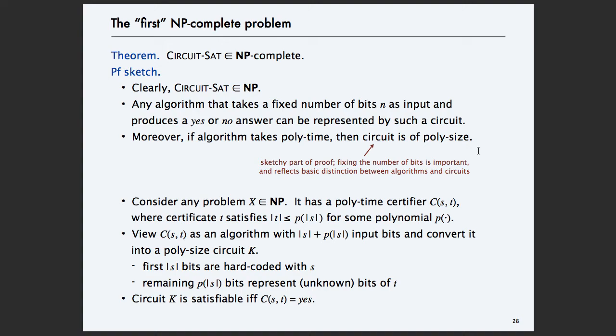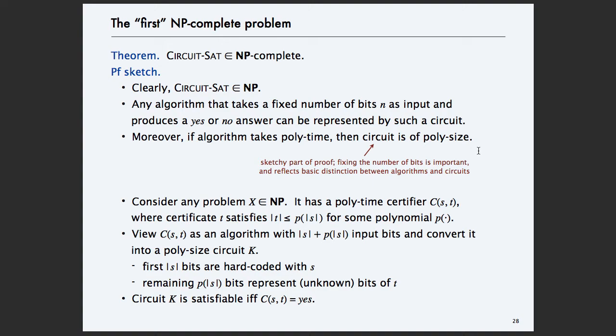And given that we know that if the number of bits is polynomial, then the circuit is of polynomial size, we can build a circuit that corresponds to the algorithm for satisfiability, to the NP certifier.